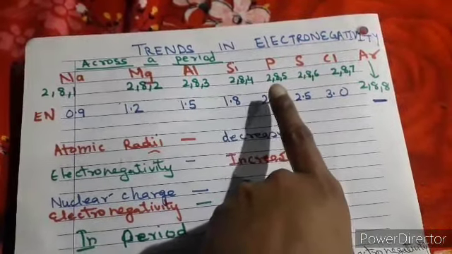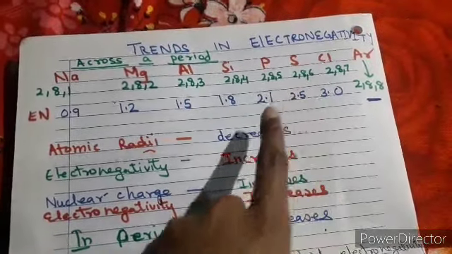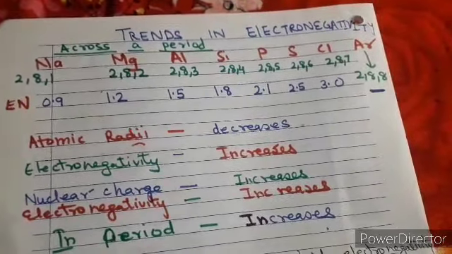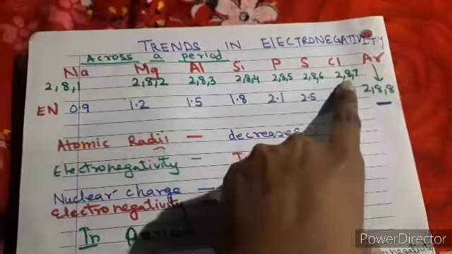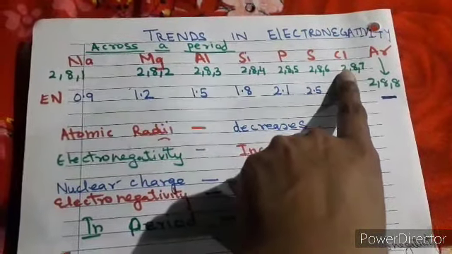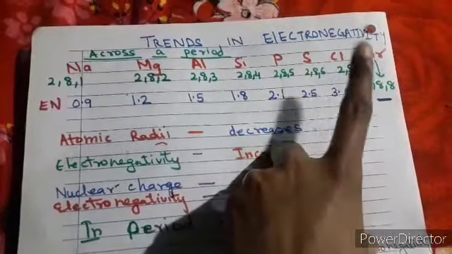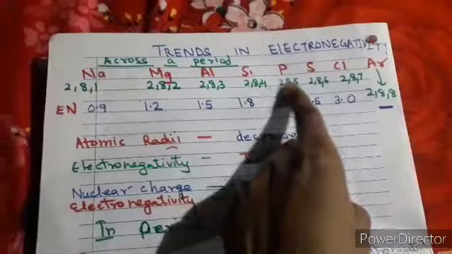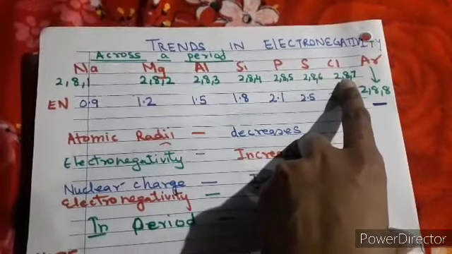When the atomic size is decreased, definitely the force exerted by the nucleus on the electrons is more. So this particular atom over here, chlorine, a halogen, is more electronegative in comparison to other atoms. Over here you see these are metals, and on this side again non-metals are there, this is also a non-metal.